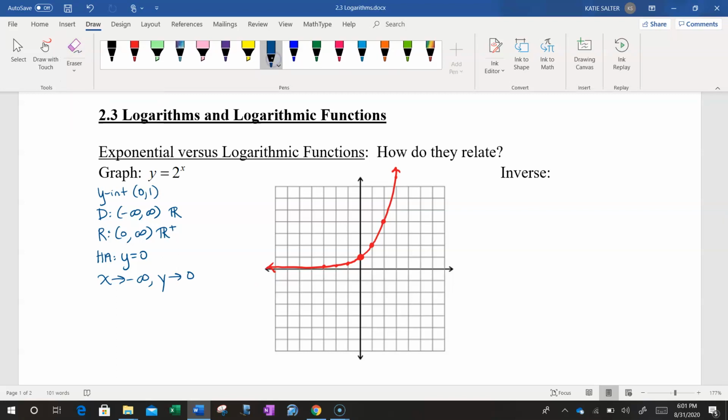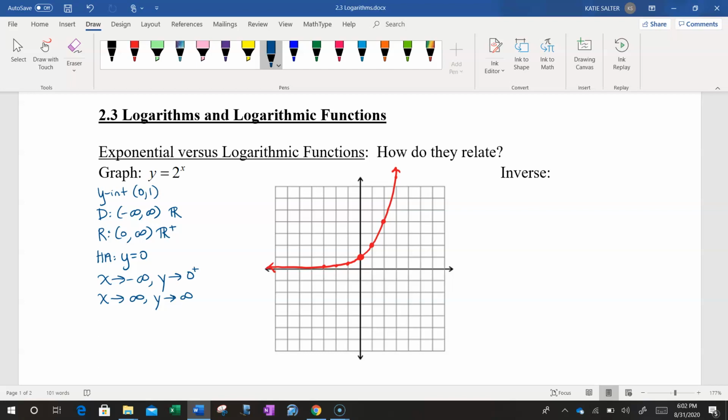To denote which side of 0, we put a little plus in the air, which means y approaches 0 from the positive side. Then as x approaches infinity, y approaches infinity. It goes off to infinity, increasing without bound.